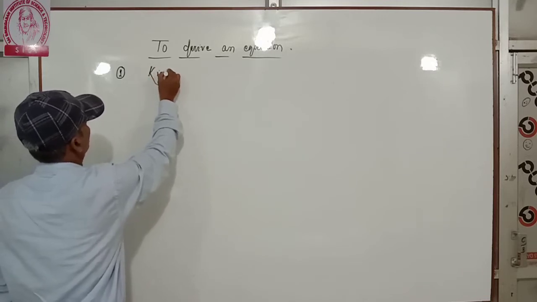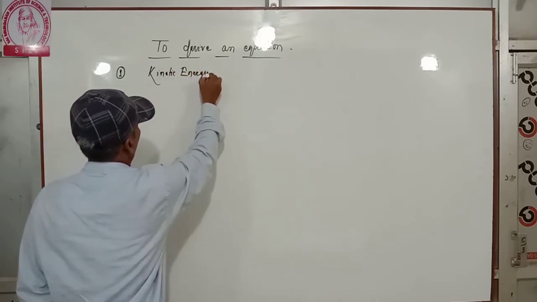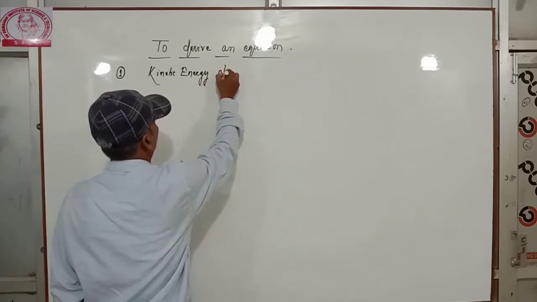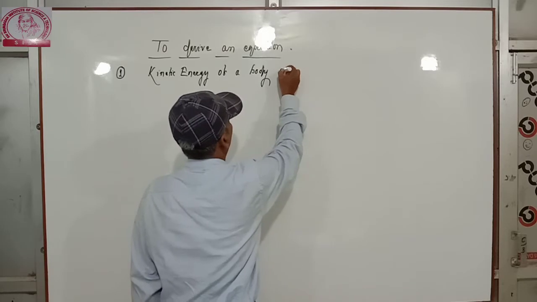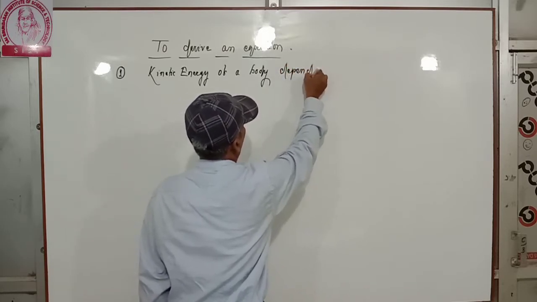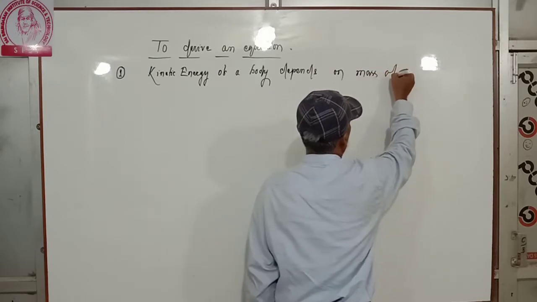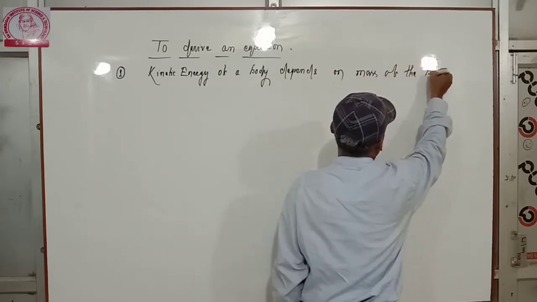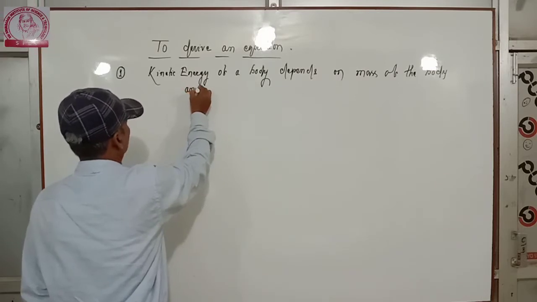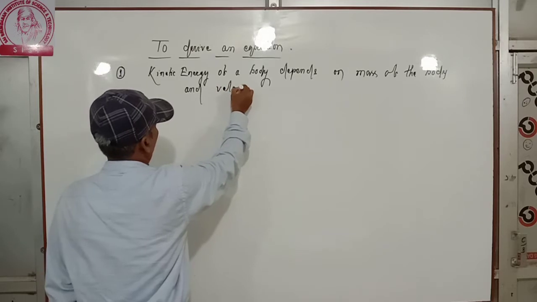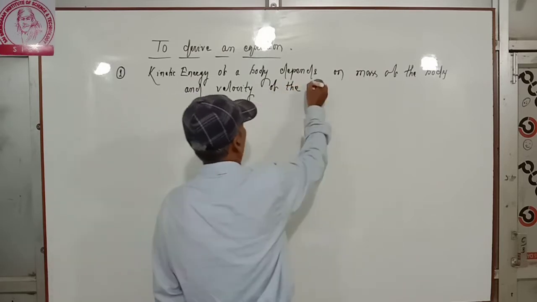Kinetic energy of a body depends on the mass of the body and velocity of the body.